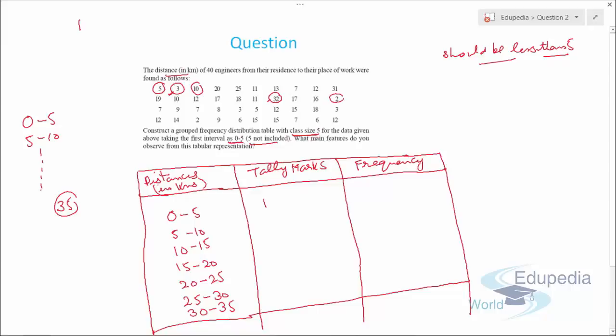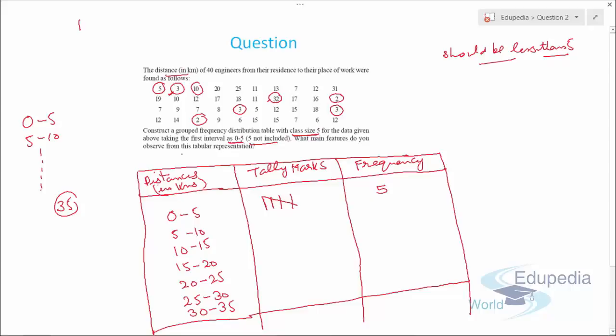We have another 2, so this is the second value, right? And we have 3, this is the third value, right? Then this is again 3, so this is the fourth value. We need to draw one more tally mark over here, right? Then we have another 2. This means 5, right? And no other value is less than 5 now, right? So this means we have frequency between 0 to 5 as 5, right?